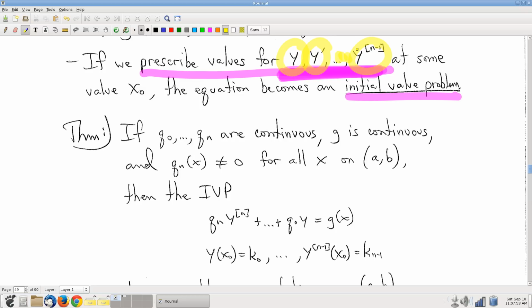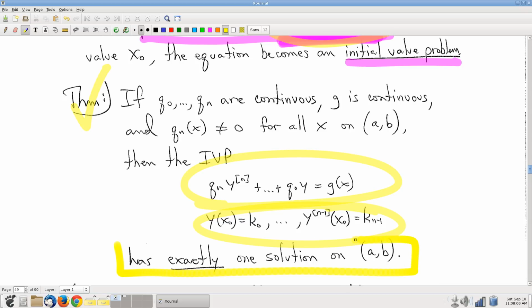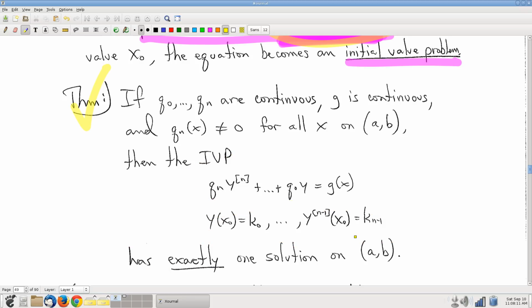The short and sweet answer to that question, in my opinion, is because this is the information that, when included with a differential equation, gives you this theorem, namely that there is, in fact, exactly one solution. And if you prescribe less information, if you prescribe this and maybe a few of the derivatives, but you don't give that information, you won't have this feature of having exactly one solution. In fact, you'll have many different solutions.